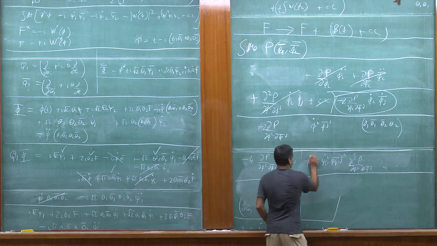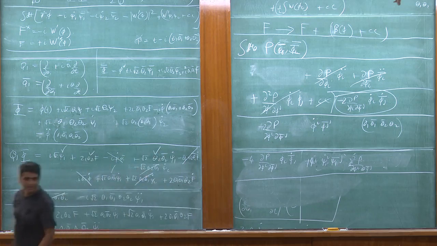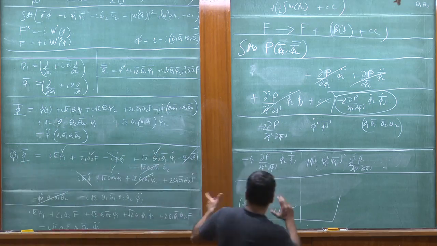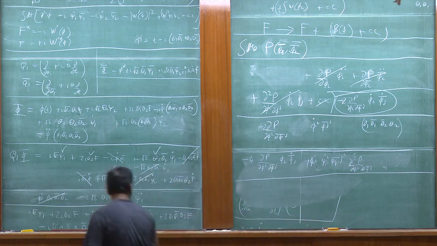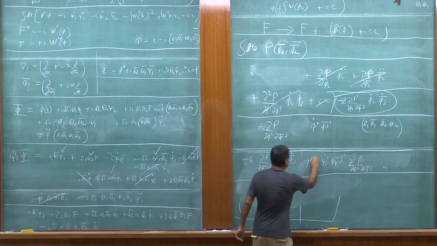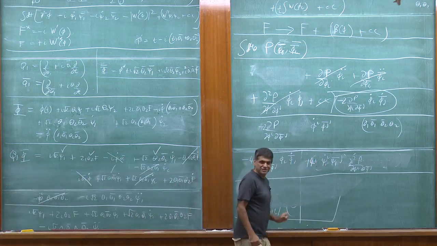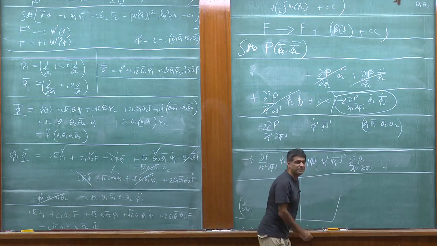So I think this is just going to be plus 4 5. We could work it out if you want, but it's sort of clear. So we've already found the two most important terms in the Lagrangian.